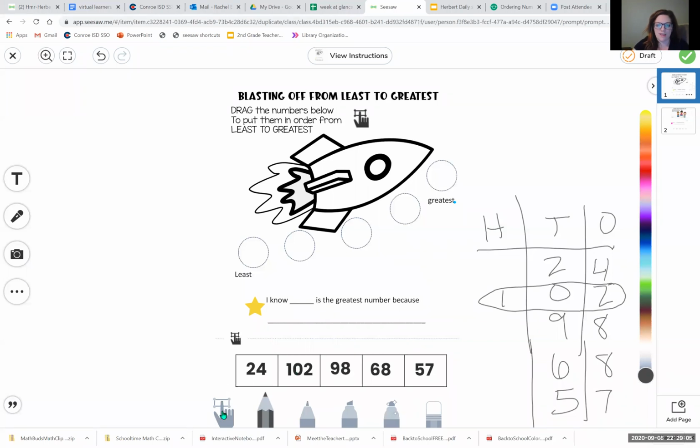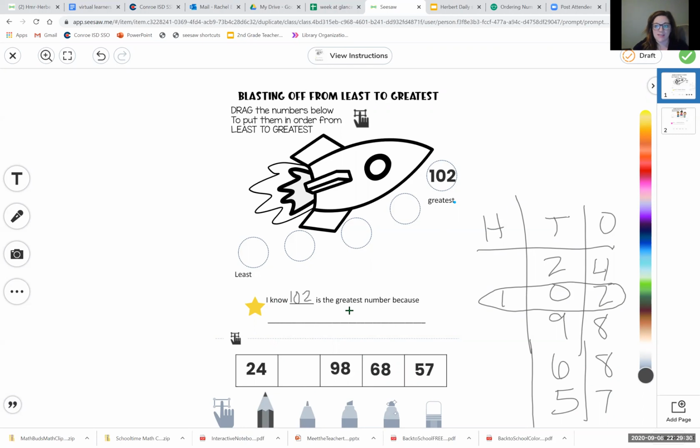So I'm going to click on my moving tool. I'm going to click on 102 and I'm just going to boop, boop, boop, move it all the way up there to the greatest spot. All right, and I know that my answer, I can write right here. I can get my writing tool and say that I know 102 is the greatest number because, and you can use your math talk.